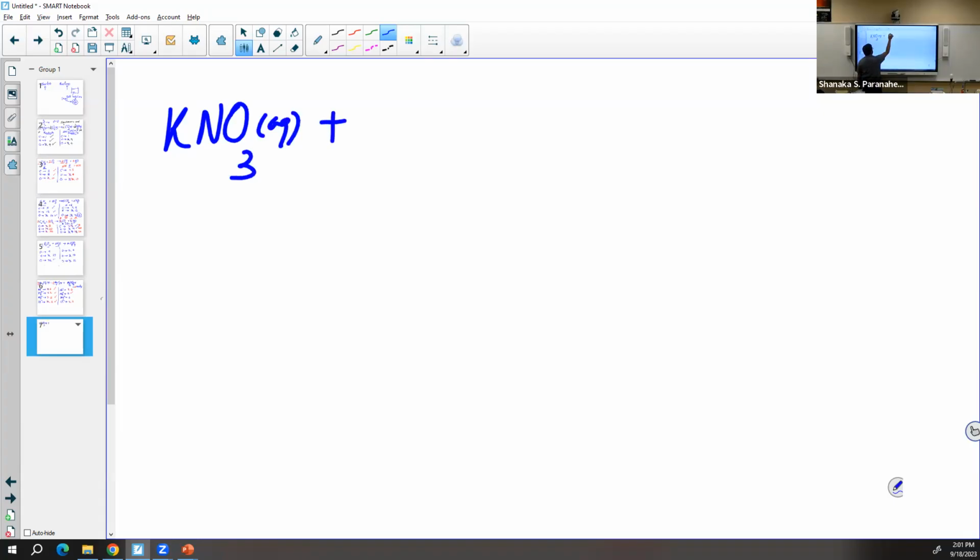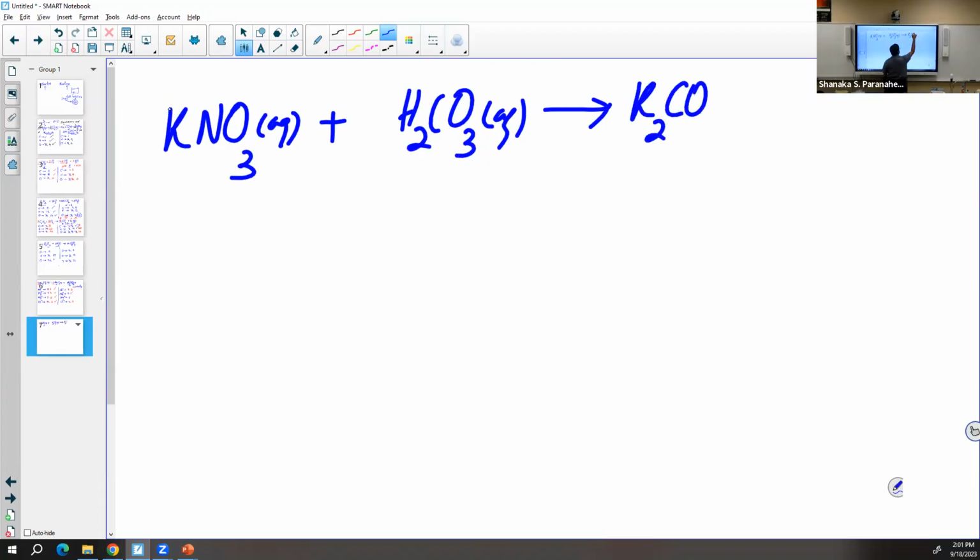Carbonic acid is H2CO3, aqueous, double displacement. So potassium is going to combine with carbonate and produce potassium carbonate, K2CO3, aqueous, plus hydrogen combined with nitrate and produce nitric acid.